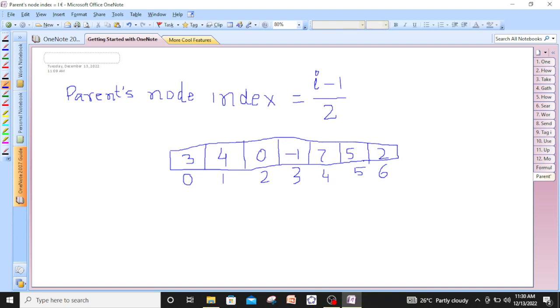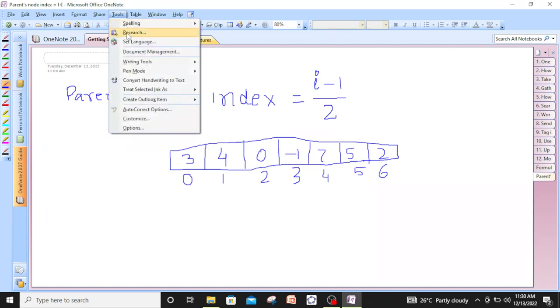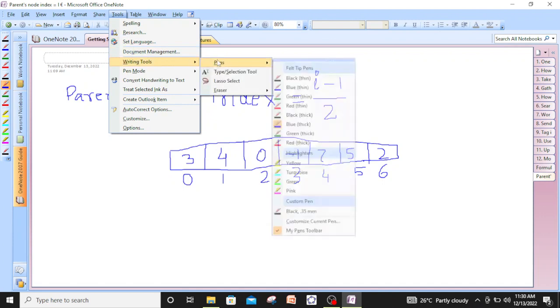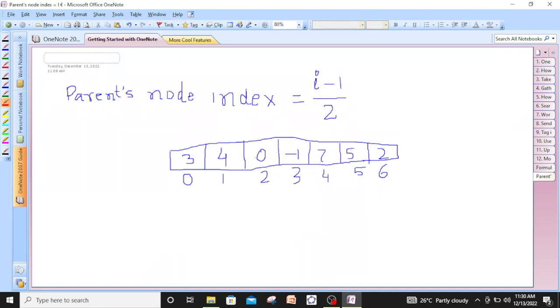You see 0 is the third element. I mark it in some other color. Suppose I use red. So the question is, what is the parent of this 0? You see the index of this 0 is 2.